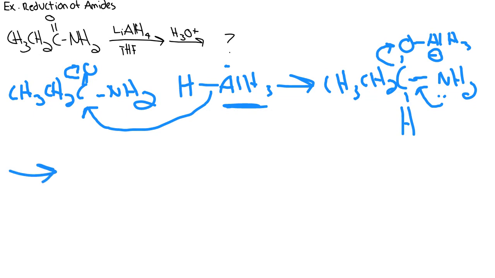And again, like in the last PowerPoint, don't worry about where those oxygen and aluminum go. They come off eventually in the workup. You just don't have to worry about writing down in the mechanism where they end up, because they do eventually get washed off.